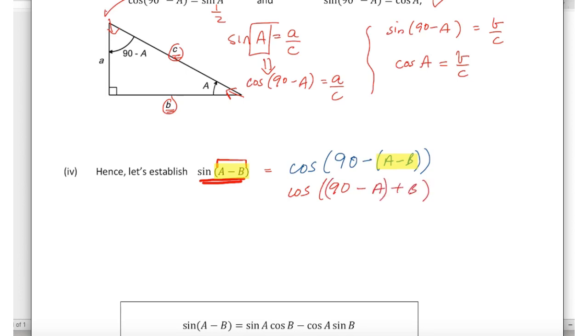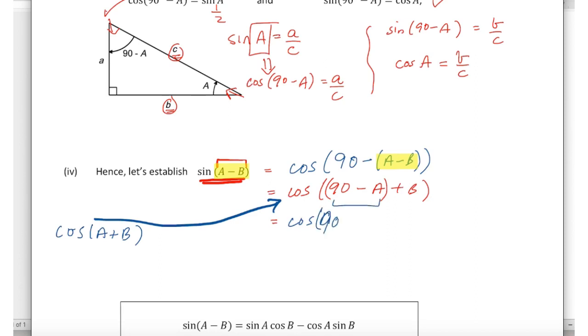Now if we regroup that 90 take A and use our rule here about cos of an angle A plus any angle B, which we had from earlier, which was the cos of A, which we've got, the first angle is 90 take A times the cos of B, take the sine of the first angle times the sine of B, the second angle.